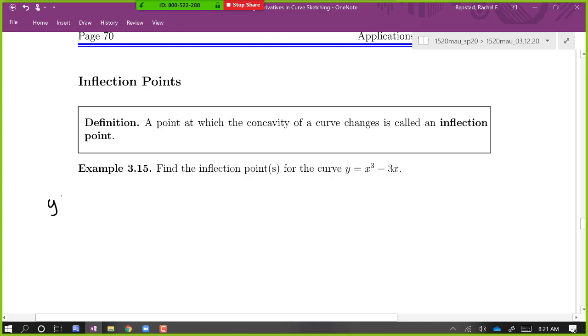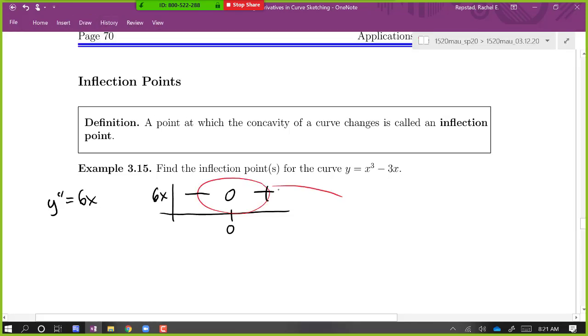So I'm just going to recreate this. It's the same function, so I'm just rewriting what we did. So we said the second derivative is 6x, and then here's our sign chart. So the sign changes at x equals 0, which means that we have an inflection point.